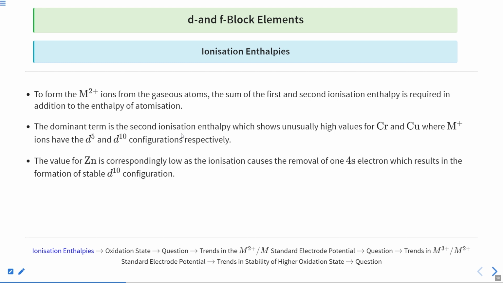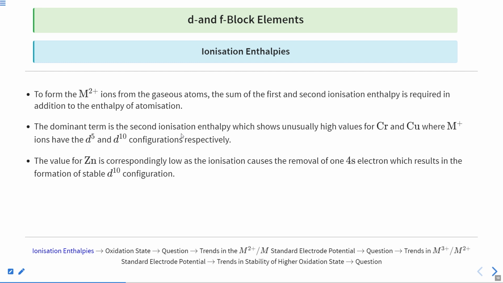Now the dominant term is the second ionization enthalpy, which shows unusually high values for chromium and copper, where M+ ions have d5 and d10. So this thing is repeated here. The value for Zn is correspondingly low, as the ionization causes the removal of one 4s electron, which results in the formation of a stable d10 configuration.